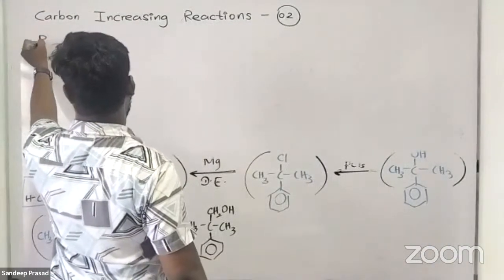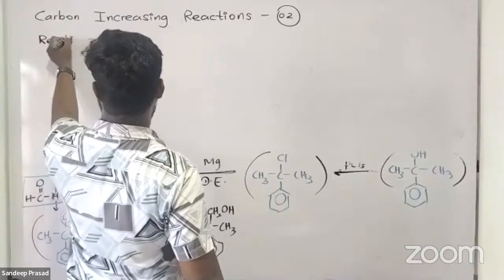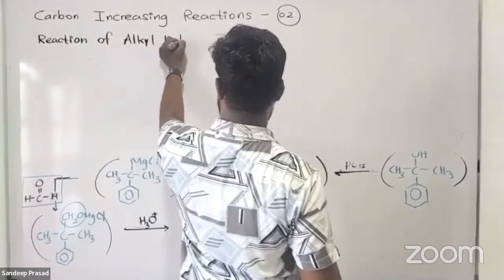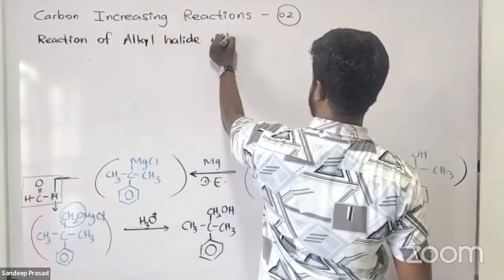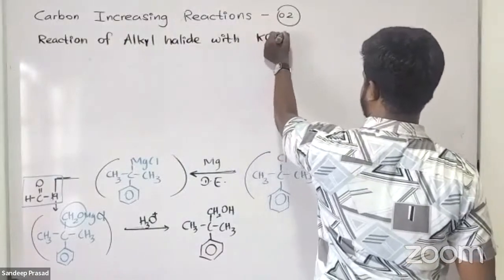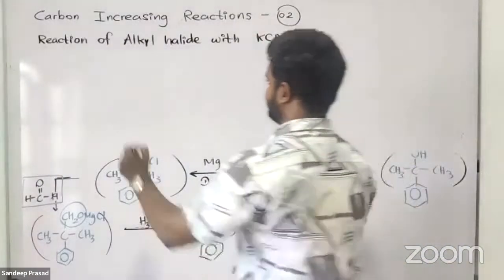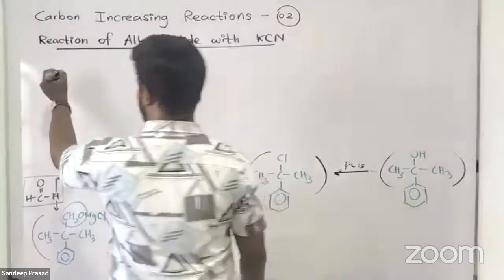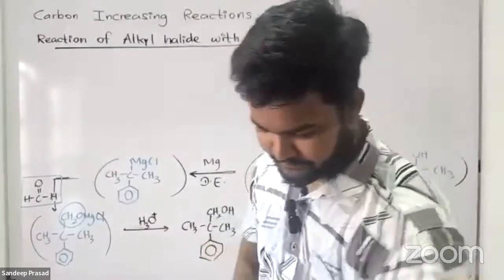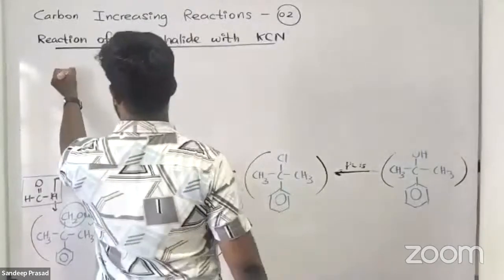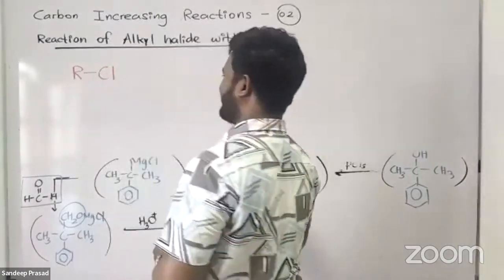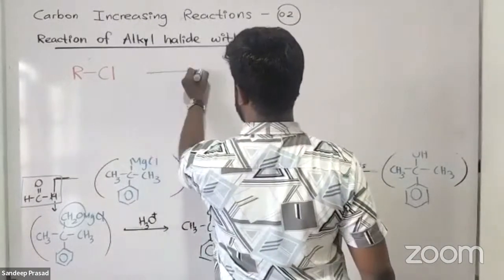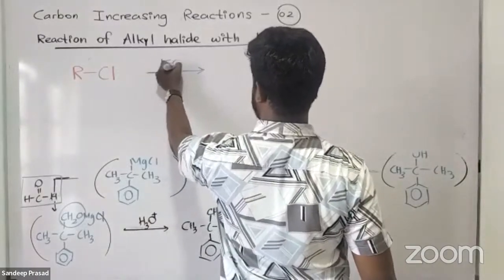Reaction of alkyl halide with potassium cyanide, KCN. Okay, potassium cyanide is KCN. That's very easy. Look at this. Just imagine we have an alkyl halide, RCl. For this alkyl halide, we are adding KCN, potassium cyanide.